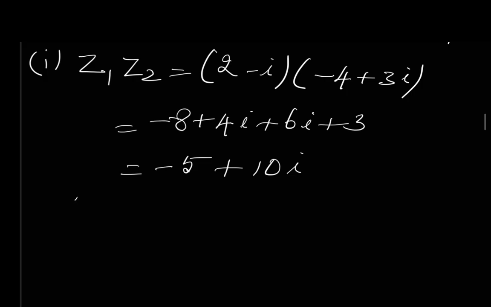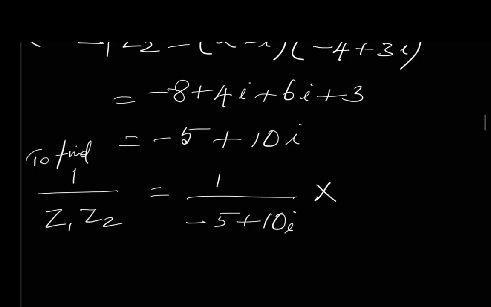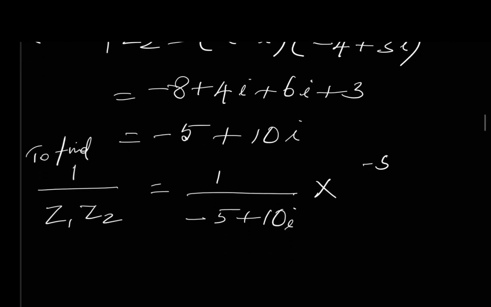We need to find 1 by z1 z2. So that is 1 by minus 5 plus 10i. So reciprocal. Take the conjugate of this. Minus 5, for conjugate you have to change the sign of only the imaginary part. Plus 10i, so I take minus 10i.